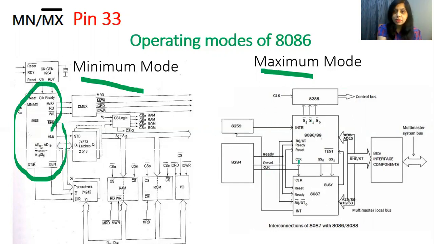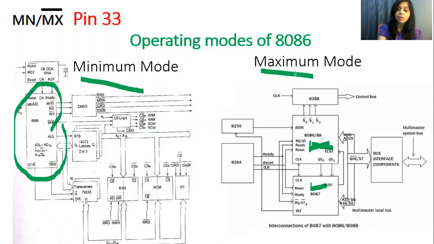In a system, if there is more than one processor, then we say 8086 is operating in maximum mode. You can see here this is 8086 and this 8087 math coprocessor is connected with 8086. So a system where more than one processor operates is called maximum mode.